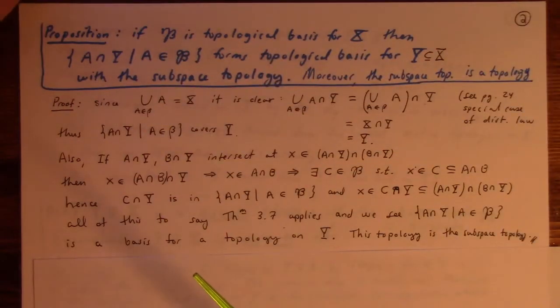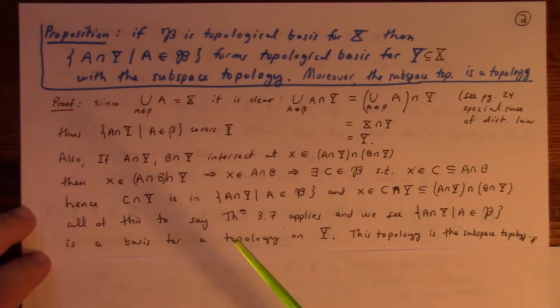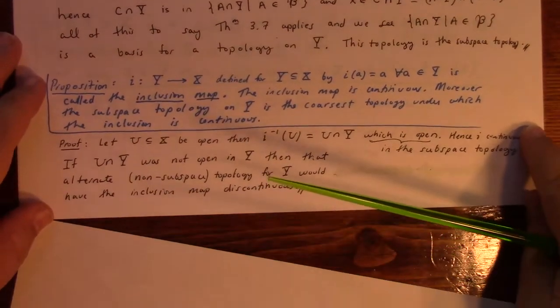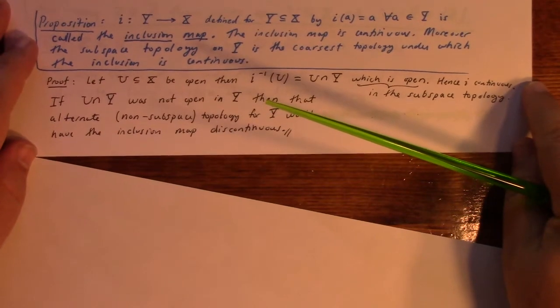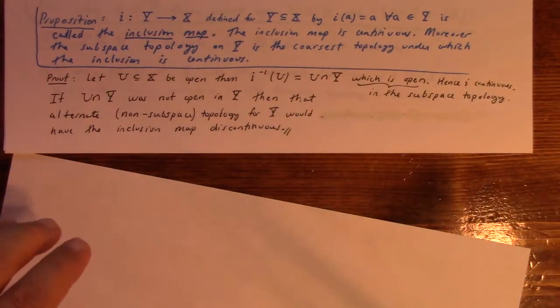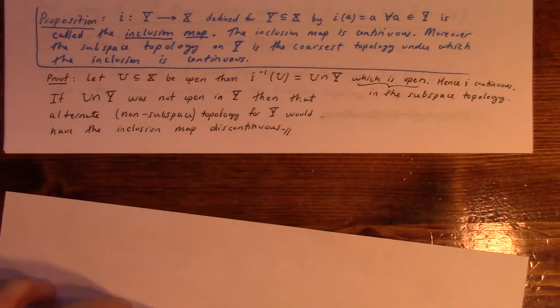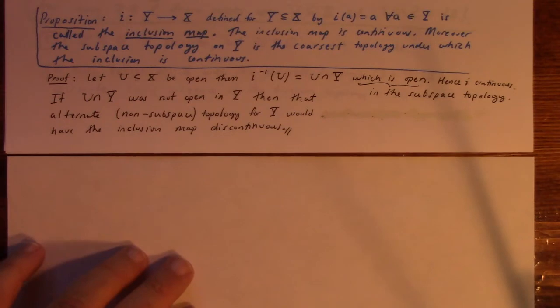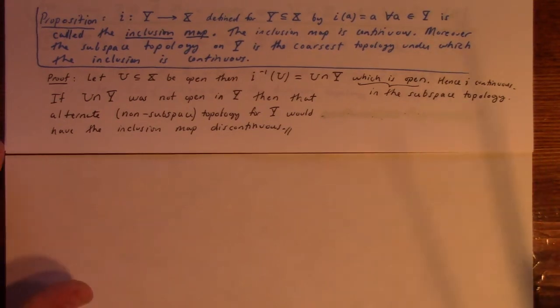I'm going to leave that as a homework exercise possibility, although I don't know if I've actually assigned it. It would make a good test question though, right? Prove the subspace topology is a topology directly from the definition of subspace topology and theorems of set theory, and without the use of theorem 3.7.